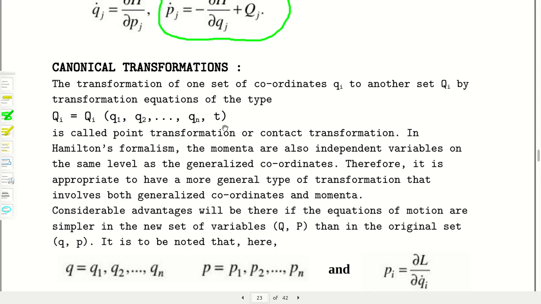And t is explicitly there, and you are going to transform your space from small q to capital Q coordinates. So capital Q coordinates will consist of again n coordinates, 1, 2, 3 up to n. Among them, let us take the ith coordinate capital Qi, which should be a function of all the old coordinates in general. Okay, so there are also n number of capital Q's.